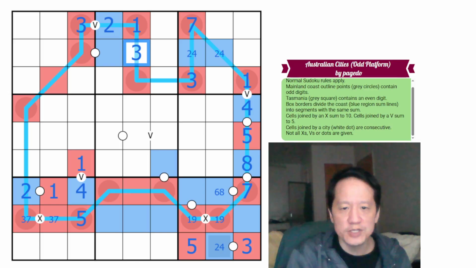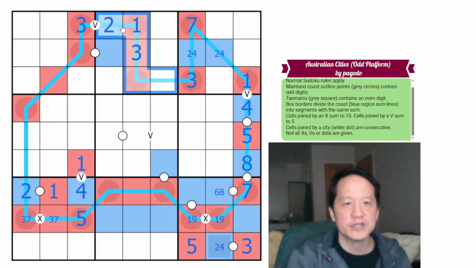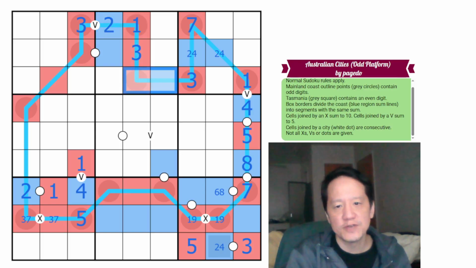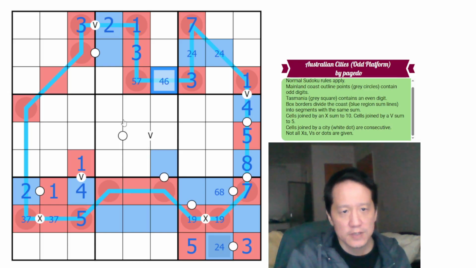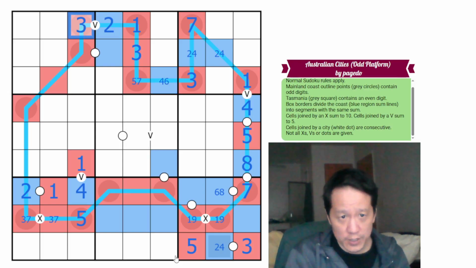So we know this is odd, and now we have 3 odds and 1 even in this 5 cell sum, and we need another even digit to add up to an odd value. So this is specifically either 4, 7, or it's 5, 6. So this would be 5, and that would be 6 if that's the case. This is 3.